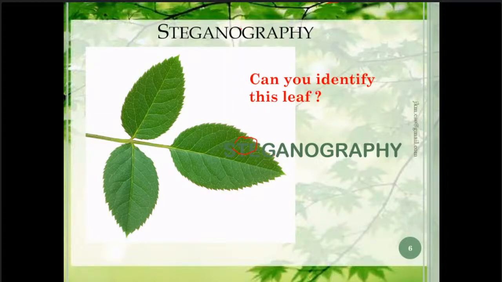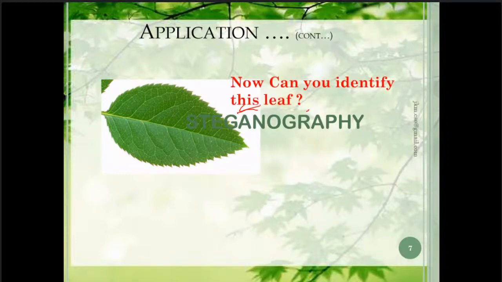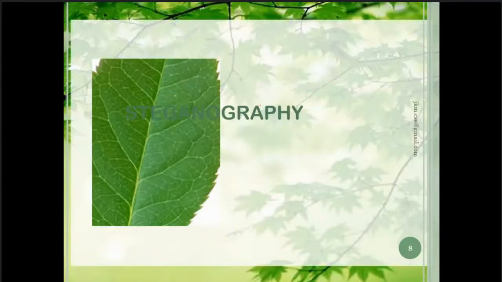If I ask the question, can you identify this leaf? You will say yes, I know three petals are here, I can identify this leaf. Now I have cropped the leaf, and you see I have shifted this more towards here. If I ask the same question, can you identify this leaf? You may say maybe. Now again I am cropping the leaf, and you see that I have inserted much more.